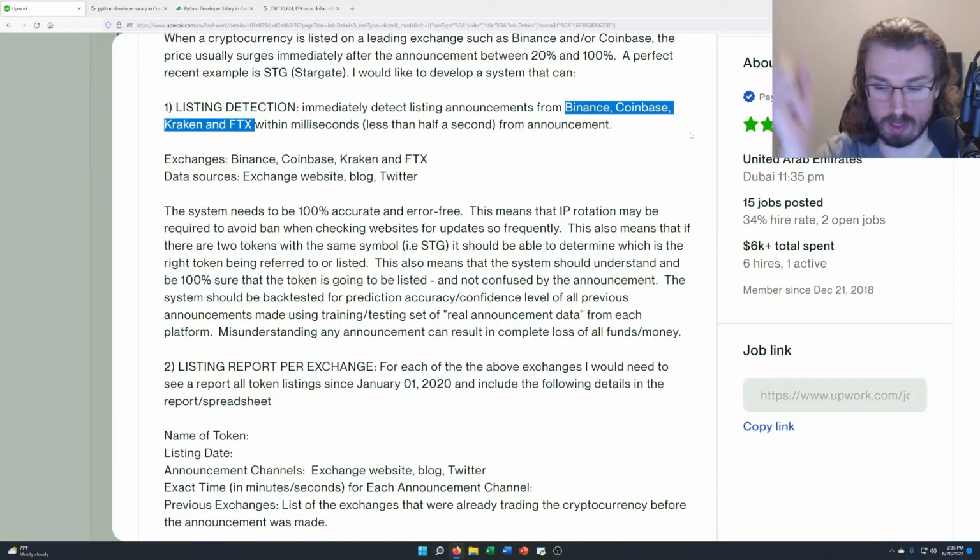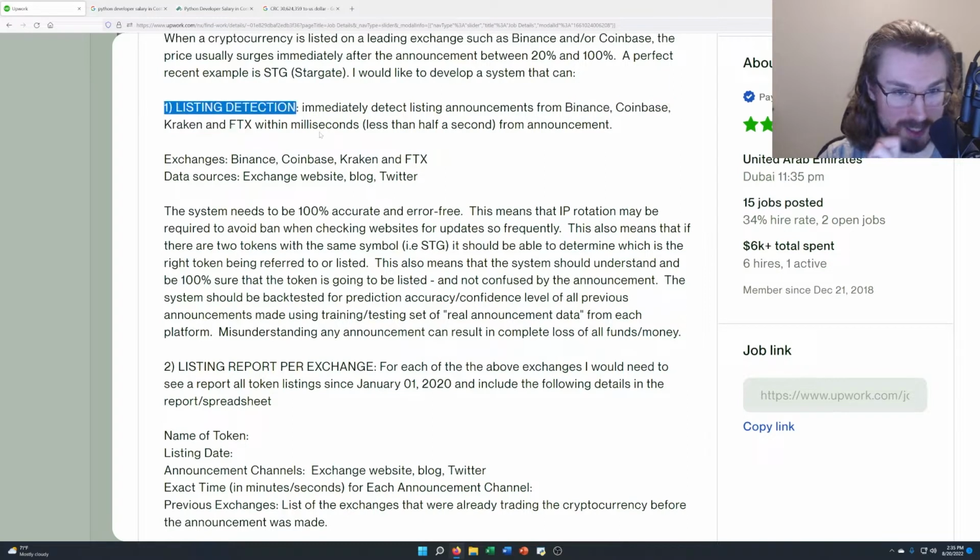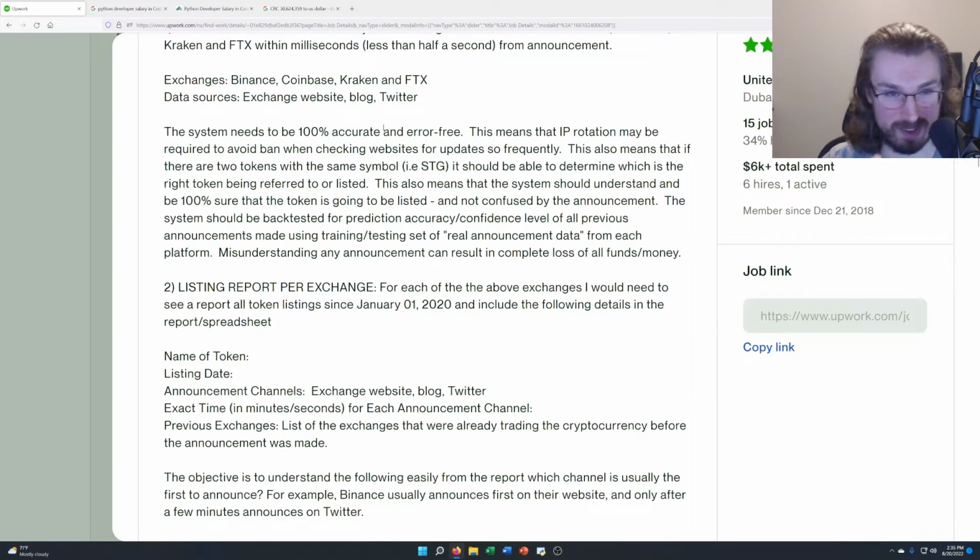So you would read in any article that was posted from these sites, or just news in general, and then do entity recognition, see a new IPO or new offering, and then send an alert, because he wants that detected in less than half a second. At least he includes the exchanges that he wants captured. So that's the first requirement.